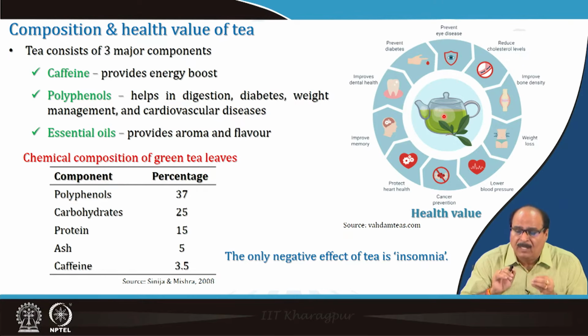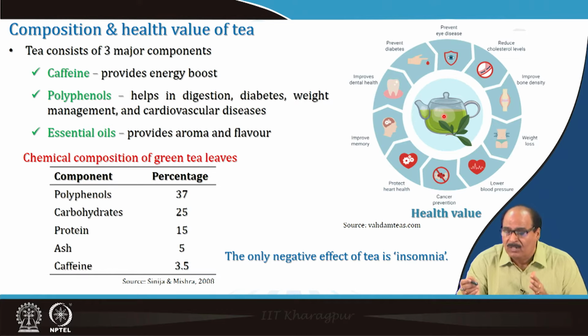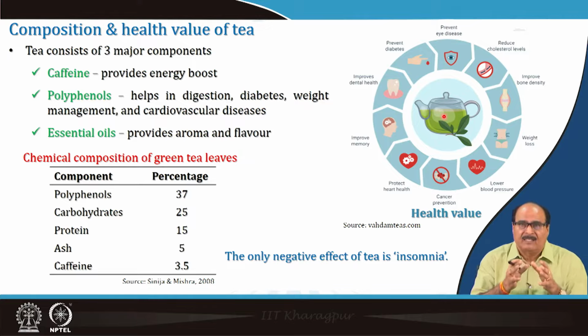Both green tea and black tea are a remedy for various diseases: they prevent diabetes, prevent eye disease, reduce cholesterol levels, improve bone density, help weight loss, lower blood pressure, prevent cancer, protect heart health, improve memory, improve dental health and what not. So they are good for health promotion. The only negative effect of tea is insomnia.